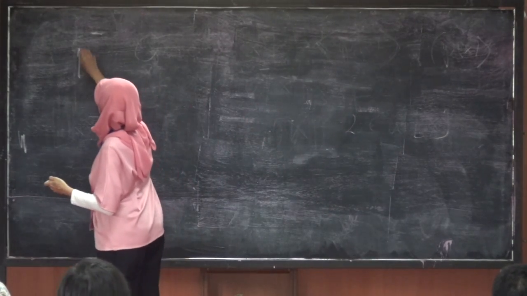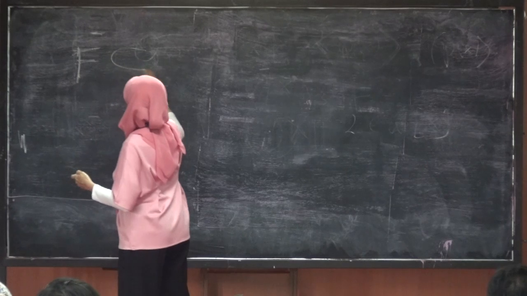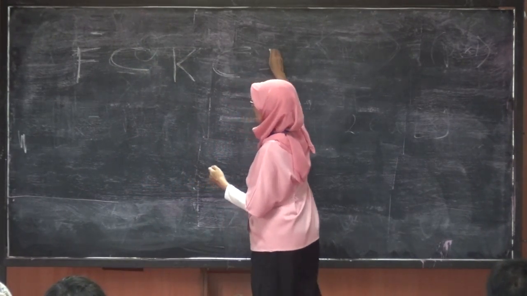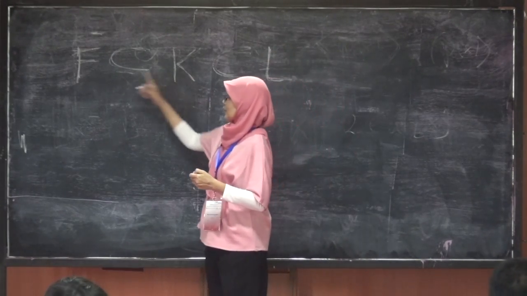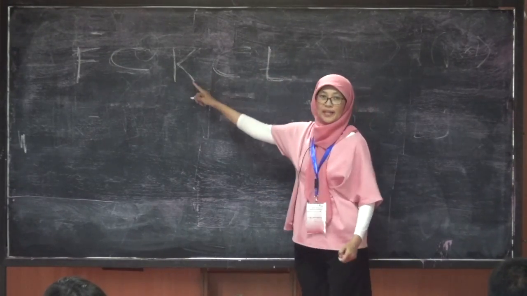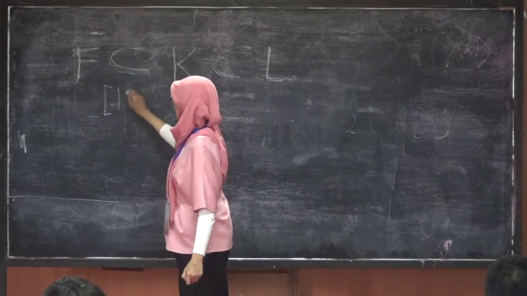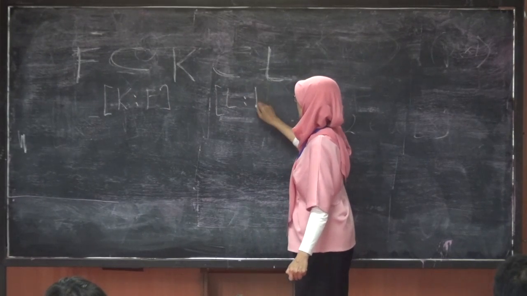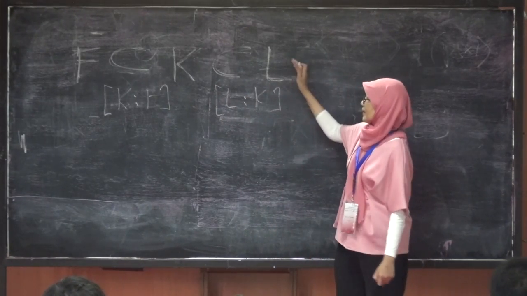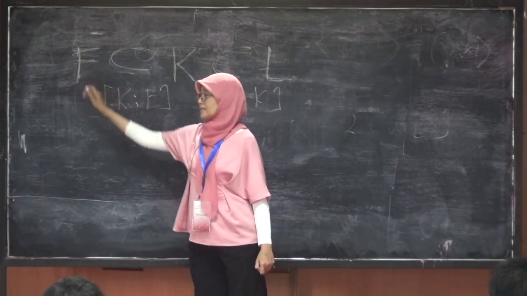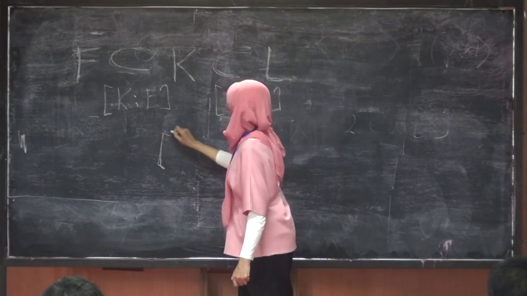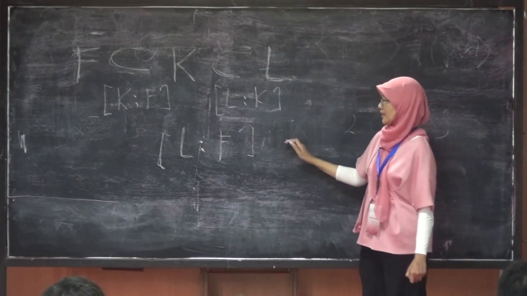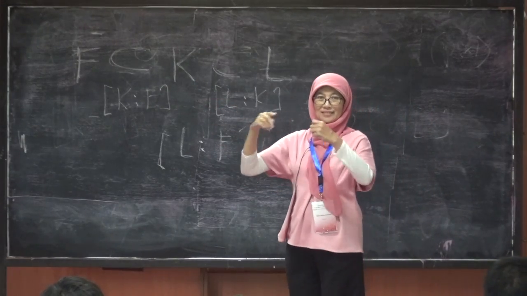If you have F contained in K contained in L, of course K is an extension field of F, and L is also an extension field of K, so we can compute these dimensions. Moreover, L is also an extension of F, so we also have the dimension of L over F, and we have a good relation.